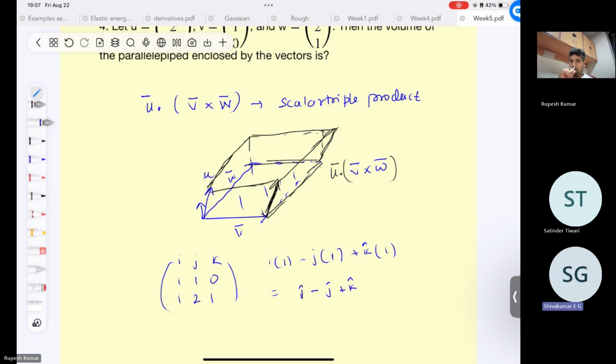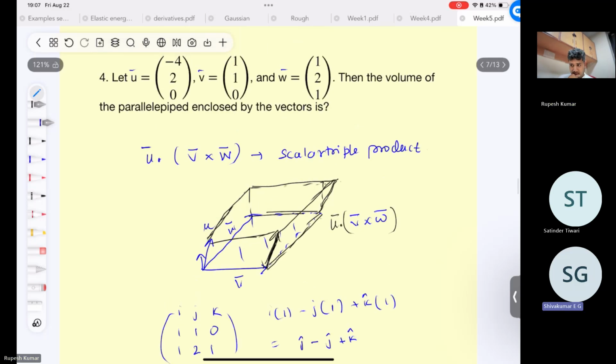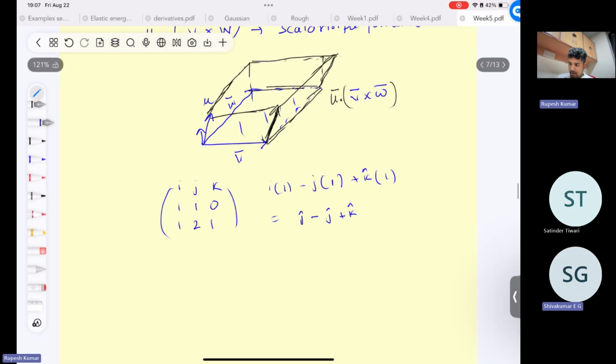It has some component along the x, y, as well as z, right? And then the vector u is entirely in the xy plane, correct? Yeah, right. So when the vector u and vector v cross w are of course not entirely perpendicular, the dot product will exist. Yeah. Fine. Thank you.